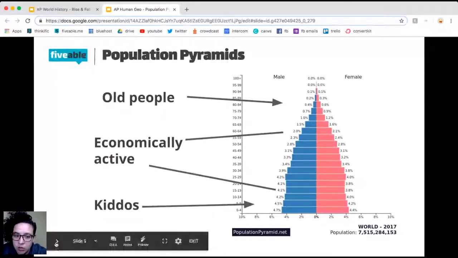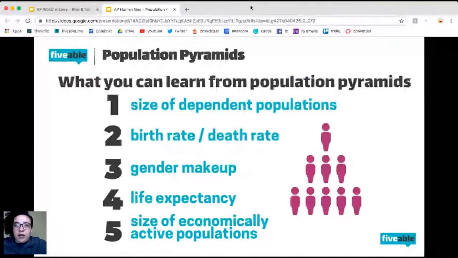There's a lot of things that you can learn, and you definitely need to know what each of these terms are. Something I talked about last week with human geography is this class is very vocabulary heavy. There are other APs that are very skill heavy, like the histories, probably the math classes, where you really have to know how to do things.